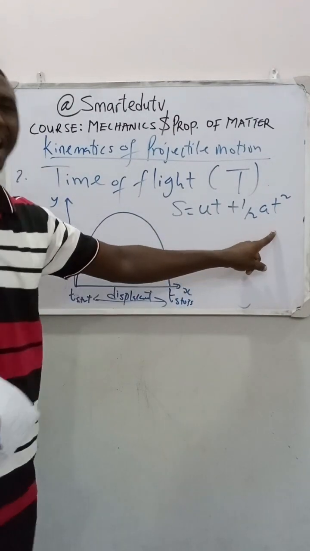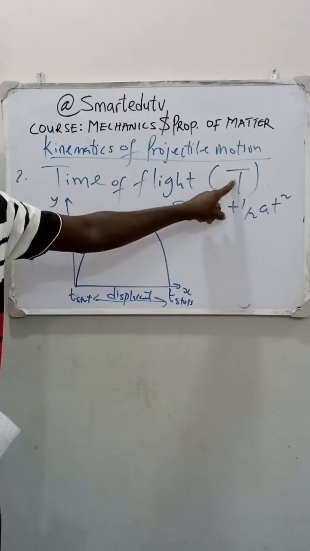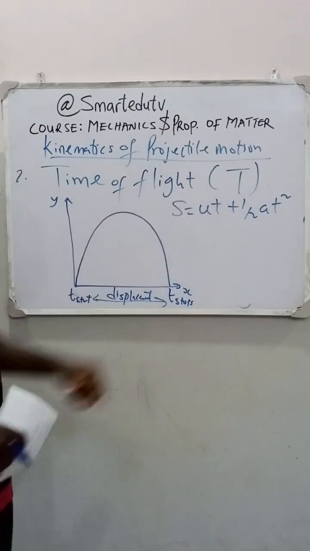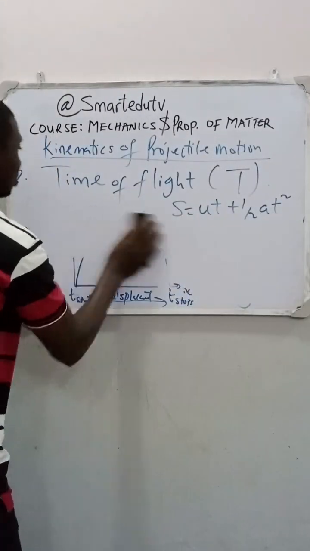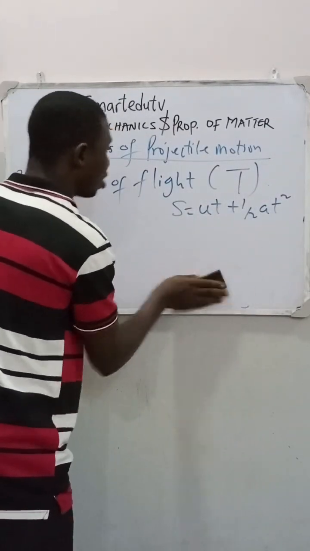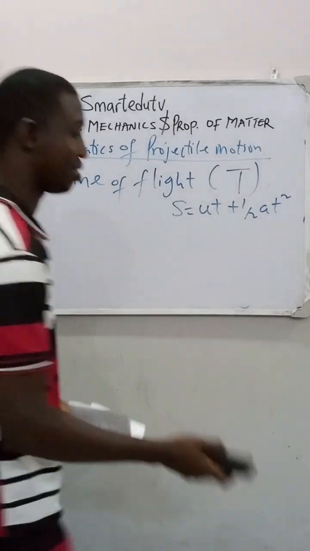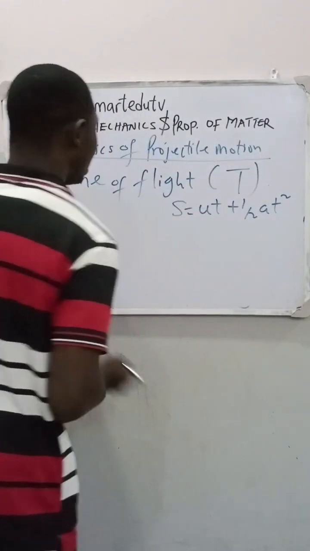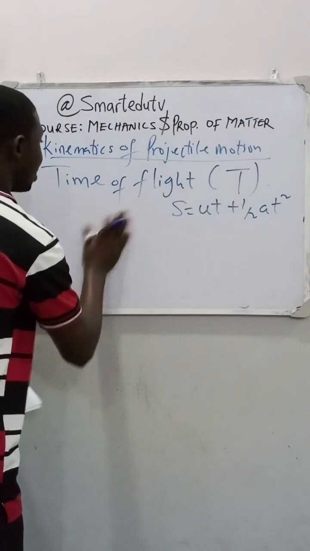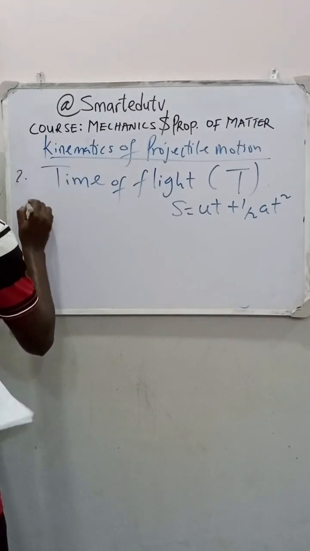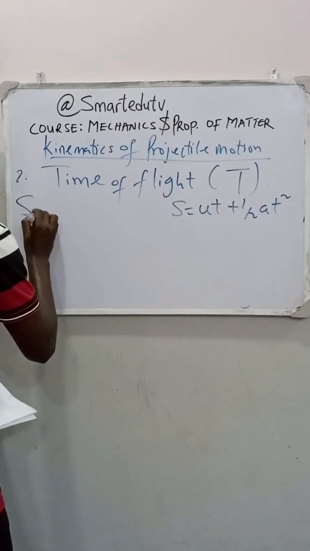It is not T maximum, but the time of flight, capital T. So that I can now write my equation in terms of the two components, y-axis and x-axis, the component of my displacement along the y-axis.